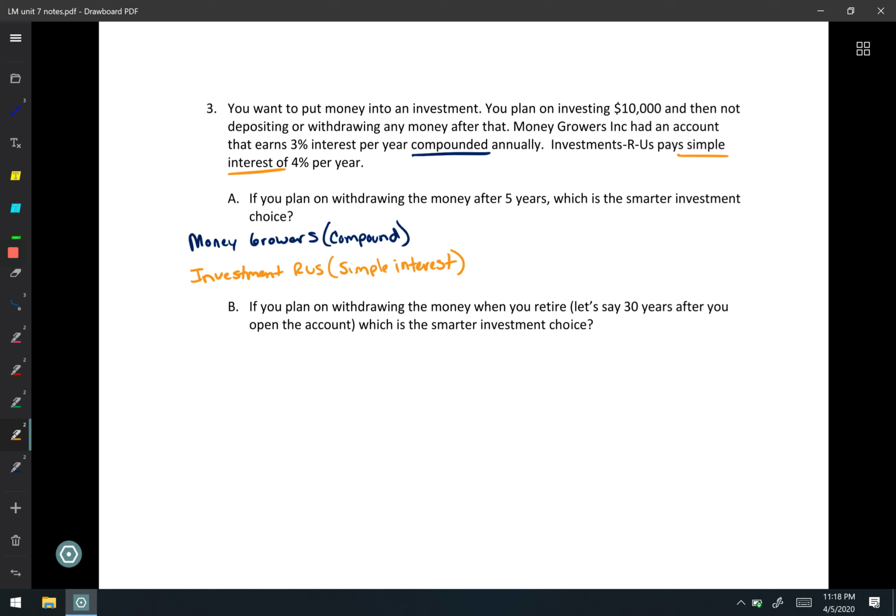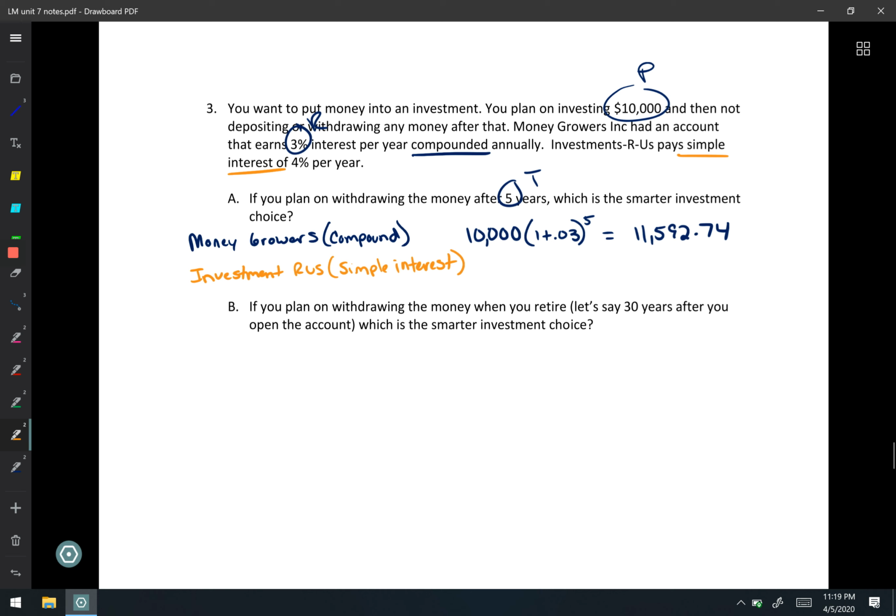Okay, so now, our initial principal is $10,000. All right, 1 plus the interest rate is going to be 0.03, and it's going to be for 5 years. Okay, and for this, our R and our P is here. Put that into our calculator. It gives us the answer of 11,592.74.